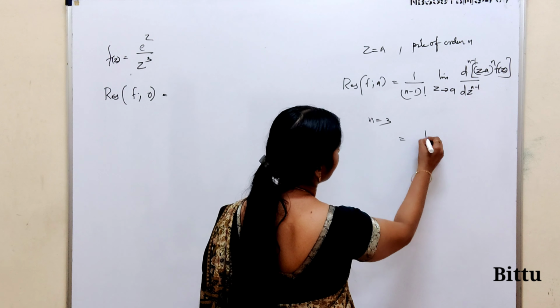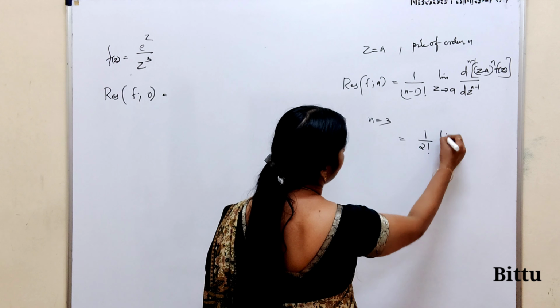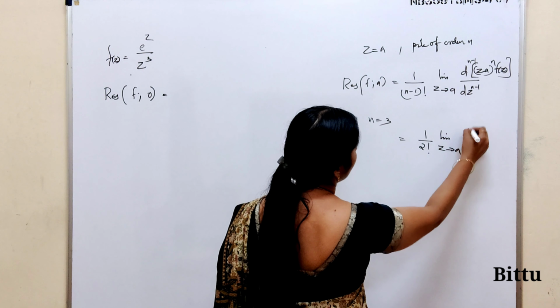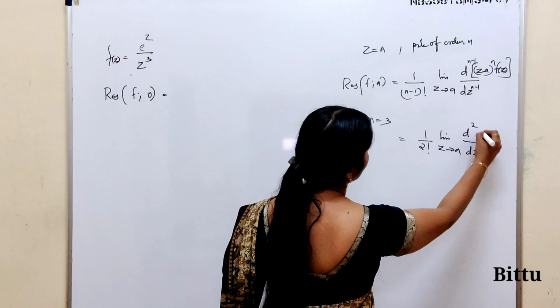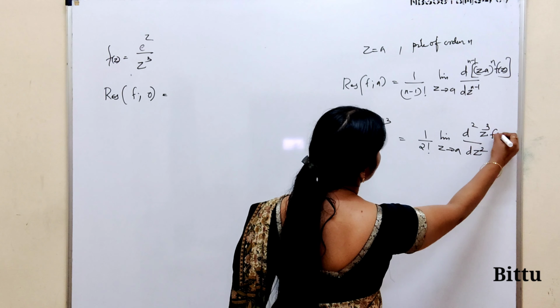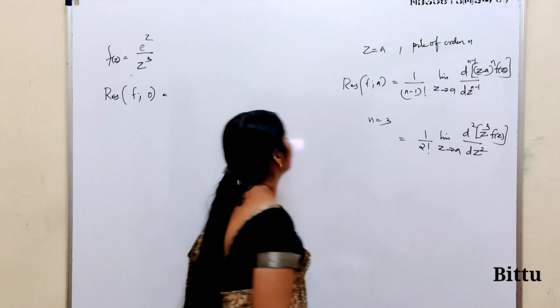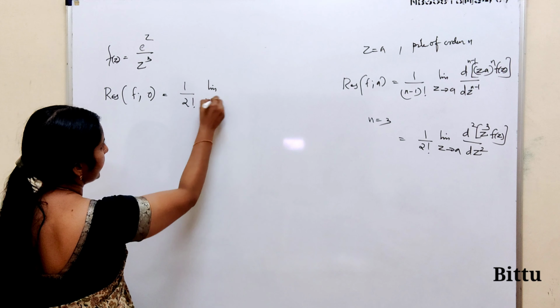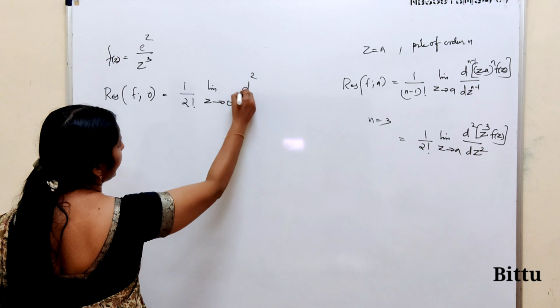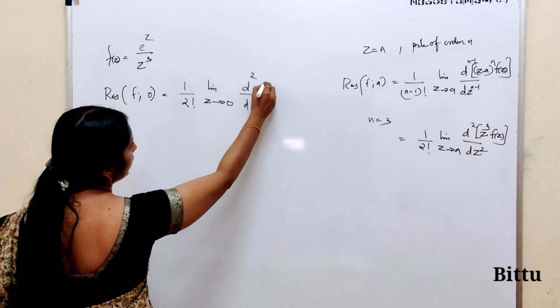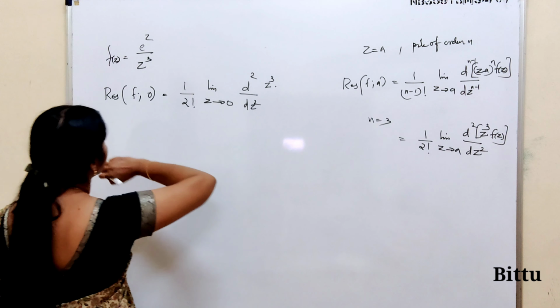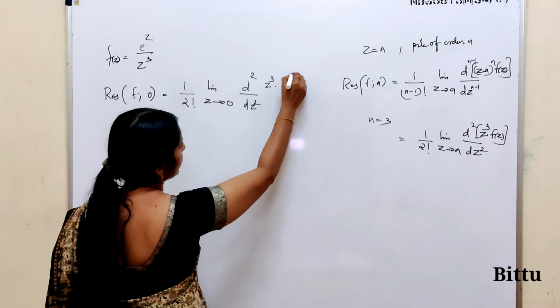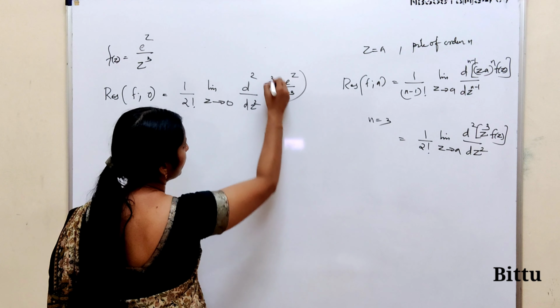So what is the result? 1 by 2 factorial, limit z tends to a, second derivative of z cube f(z). So it is 1 by 2 factorial, limit z tends to 0, second derivative of z cube into f(z). What is f(z)? It is e raised to z by z cube.